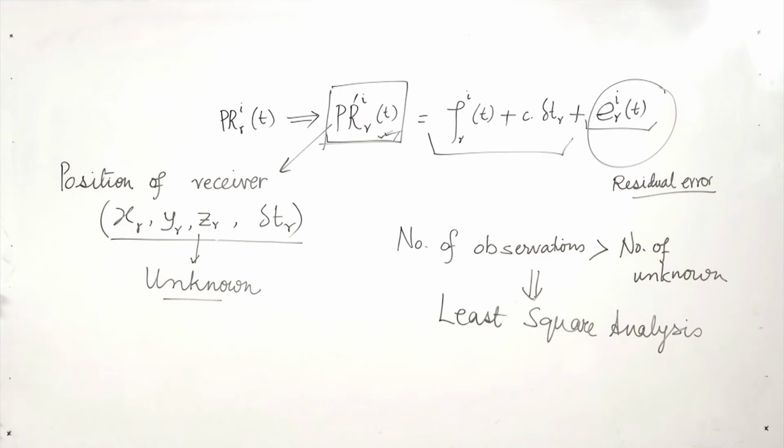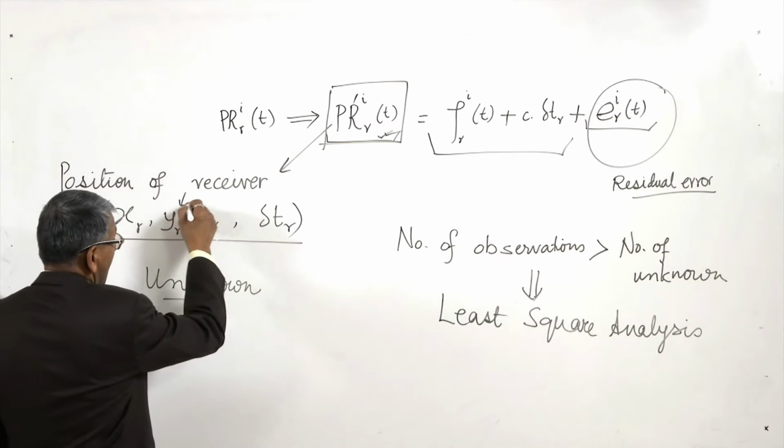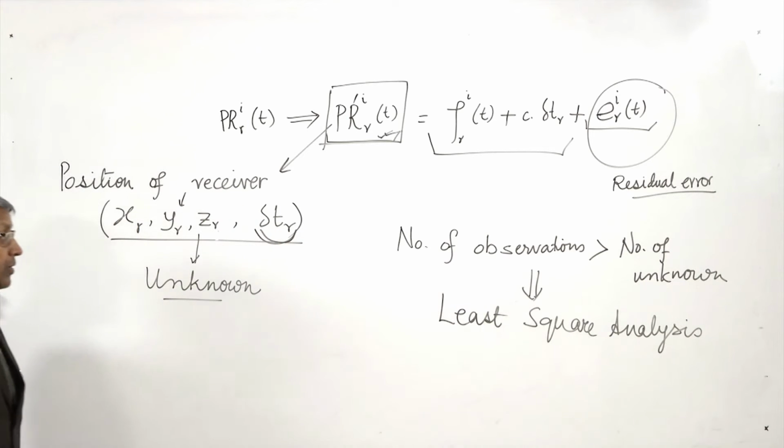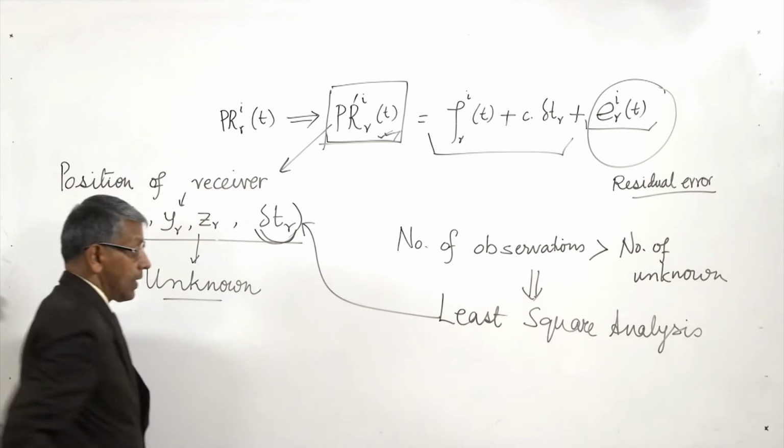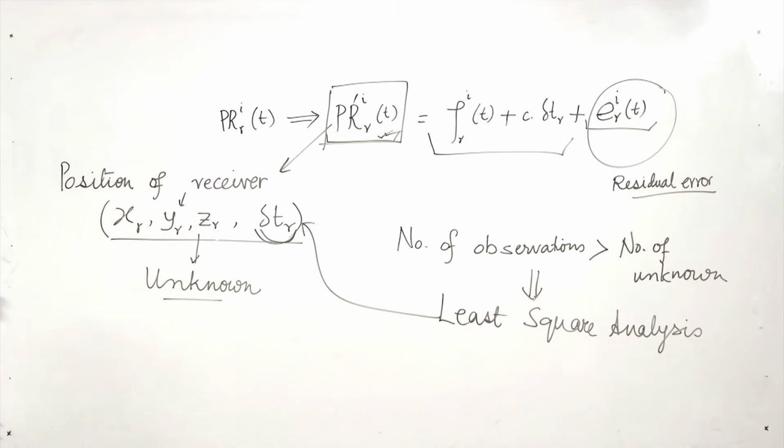To determine the position of the receiver and the receiver clock error, these 4 unknowns, we will make use of least square analysis.